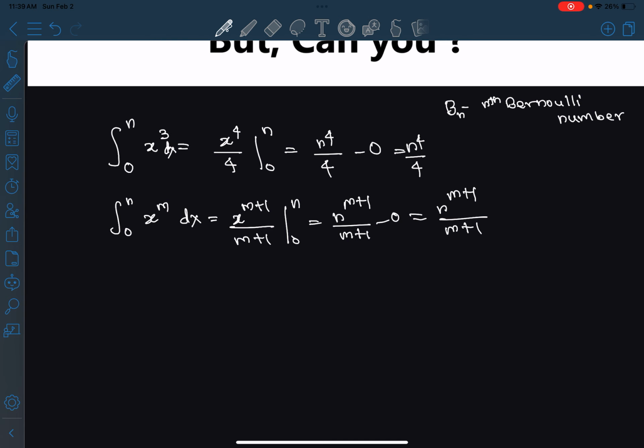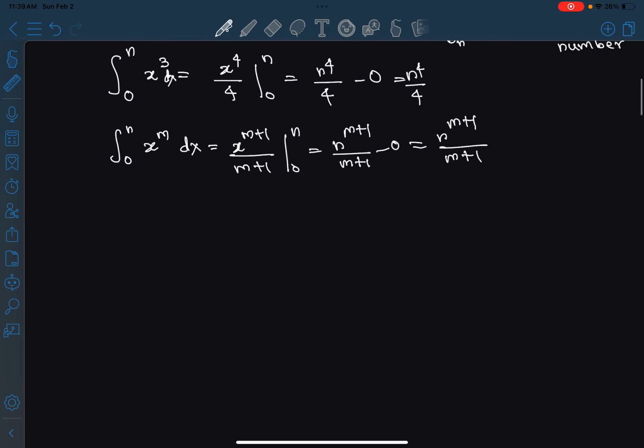Okay, so just like this, if you want to find the sum of numbers from k equals 0 up to n minus 1, and we are dealing with k to the power m. Over here, the x variable was going from 0 to n. Now the k variable is going from 0 to n minus 1, and we are summing up k to the power m.